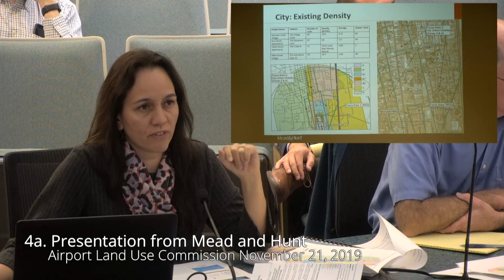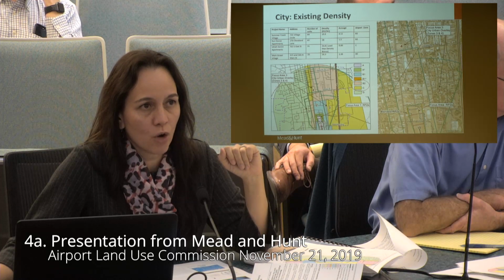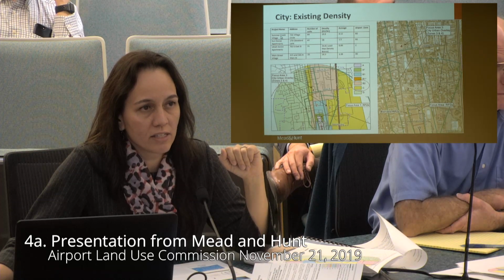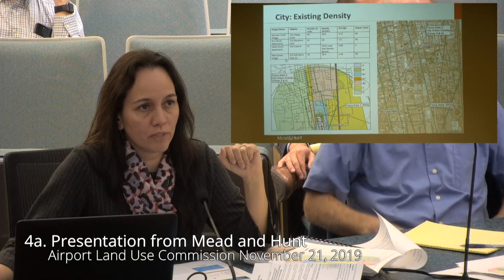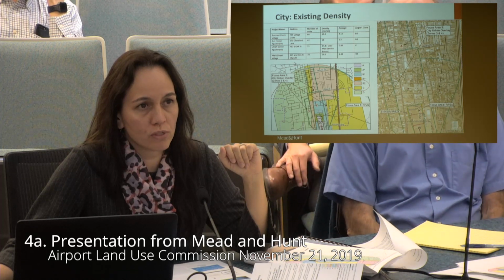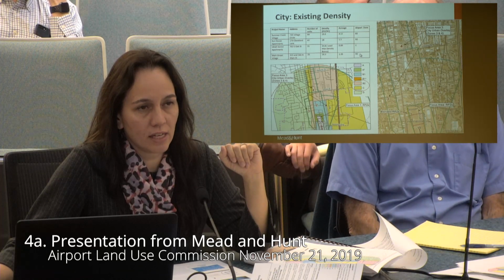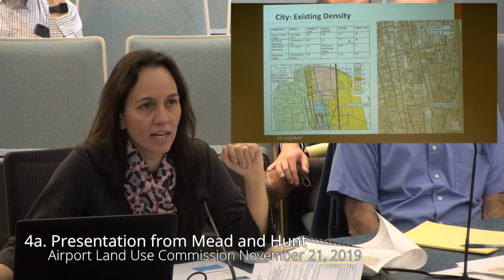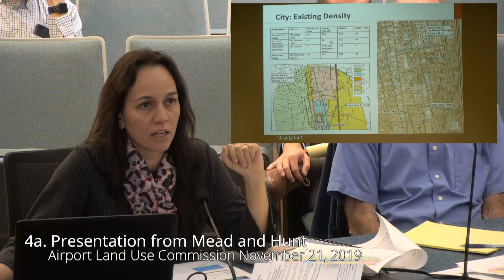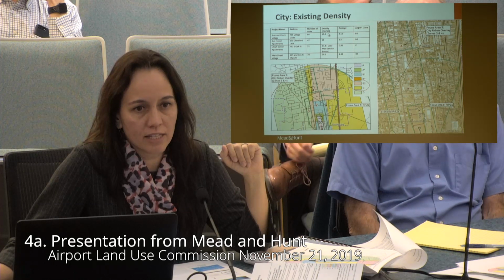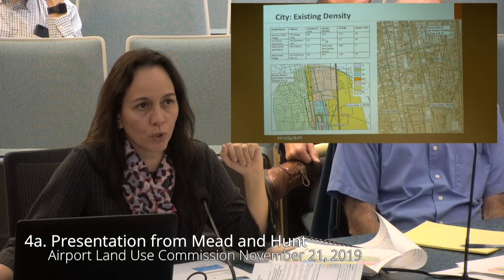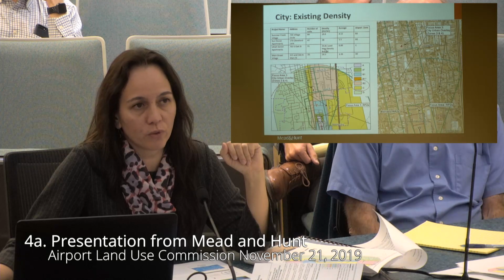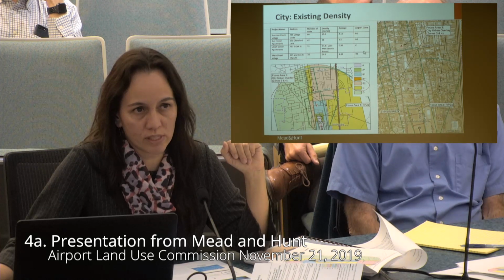This data was provided to us by the city, which identifies some of the residential neighborhoods within zones B2 and C. And this middle column here identifies the density of those developments. So we're looking at about 15 dwelling units per acre, all the way up to almost 35 dwelling units per acre within Zone C.